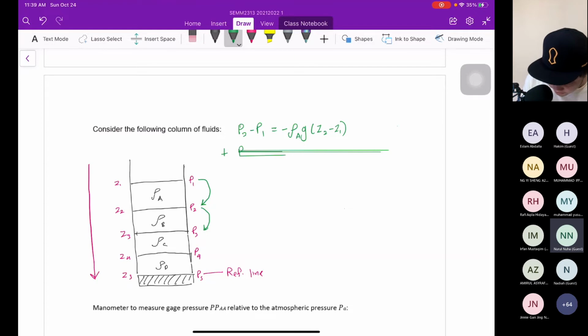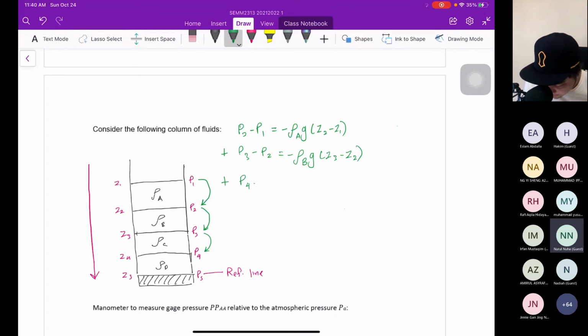Definitely P3 minus P2 equals negative rho B g, Z3 minus Z2, plus P3 going to P4.